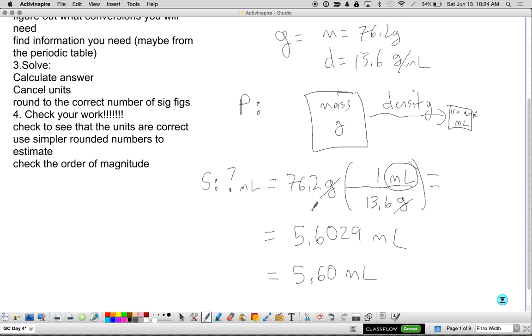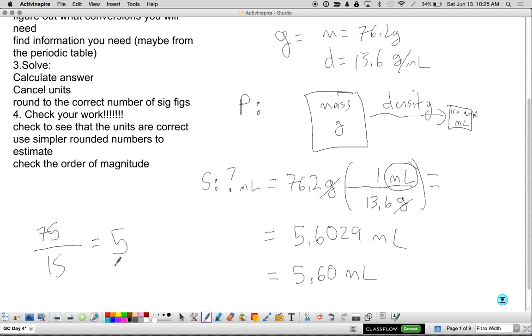For example, in this one, this number is really just 75, and this number is very close to 15. These numbers work for a great estimate. 75 divided by 15 is about 5. So I know that as long as my answer is around 5, I'm pretty good.